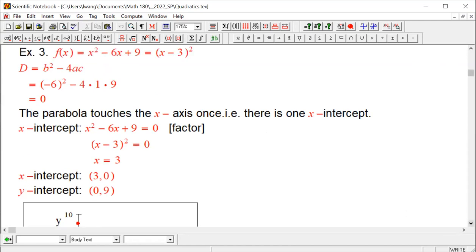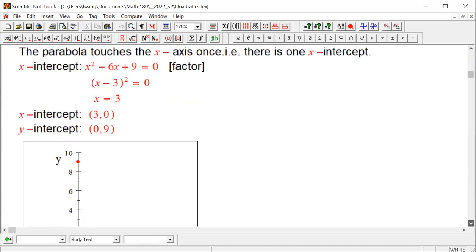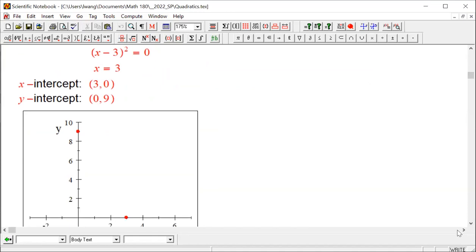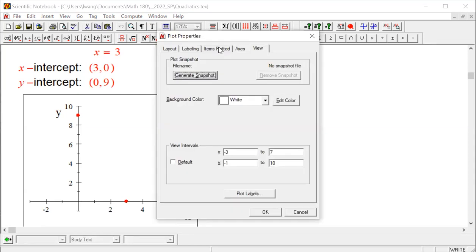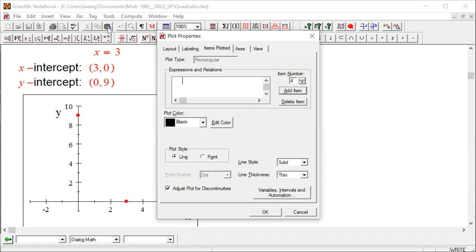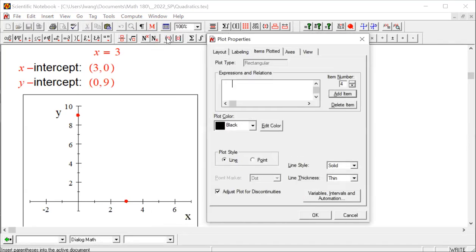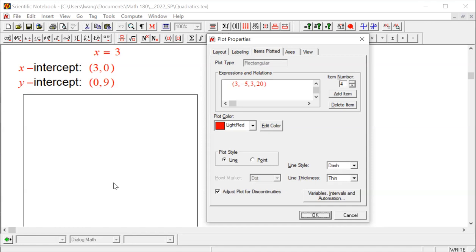So vertex and x-intercept overlap. The line of symmetry is going to be x equals 3.